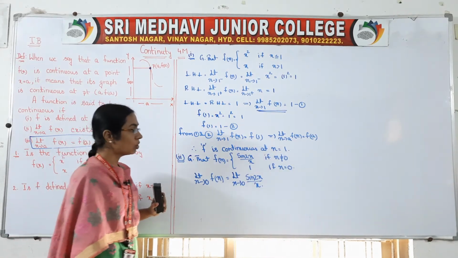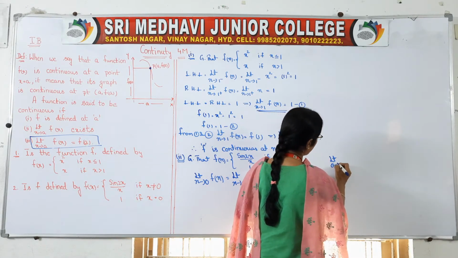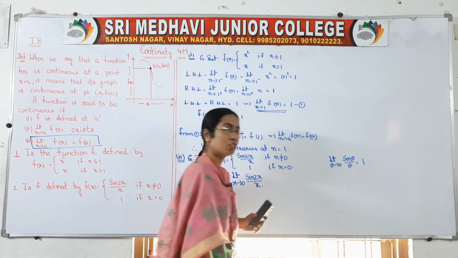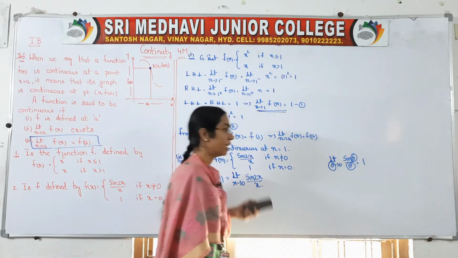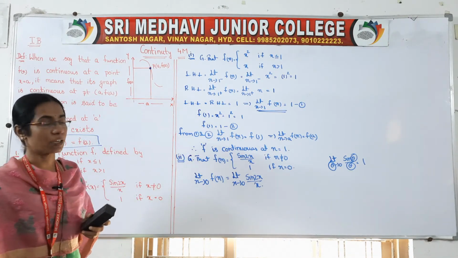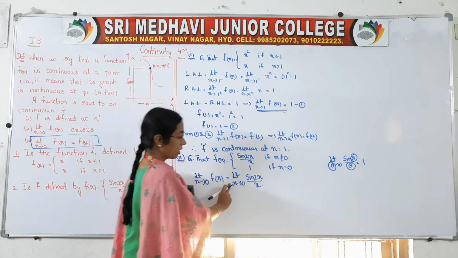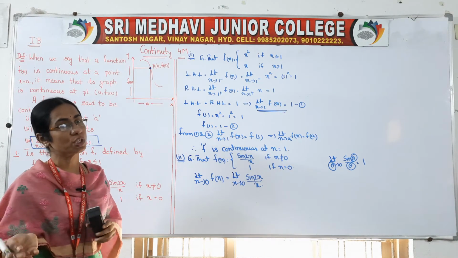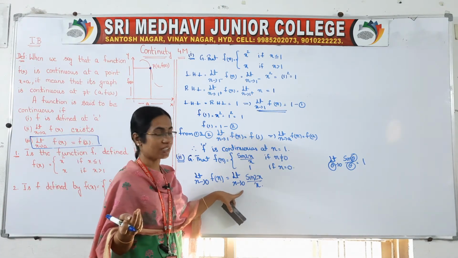In limits, I said whenever sine is there, we will use one formula: the limit as theta tends to 0 of sine theta by theta is equal to 1. So the three values must be the same: theta tends to 0, sine theta, and theta. If you observe here 2x is there, so here we need 2, and here we need 2. If x tends to 0, then 2x also tends to 0, so we can write this as the limit as 2x tends to 0.